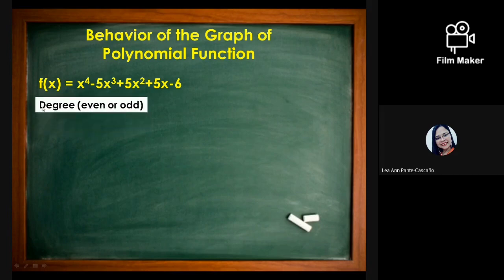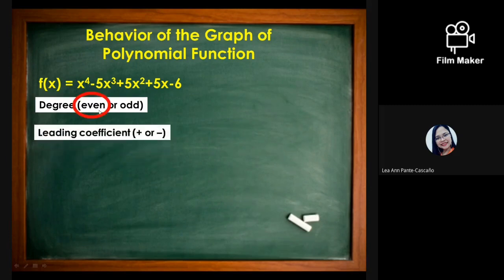So tingnan muna natin yung degree, is it even or odd? Since ito po ay naka-standard form na, ang exponent niya is from highest to lowest. The degree is 4. Therefore, since this is 4, that is even. Okay? So that is one clue for the behavior of our graph.